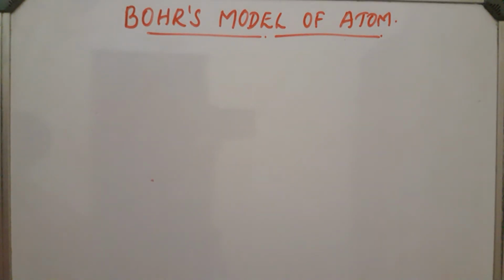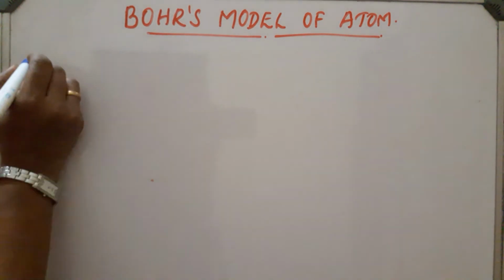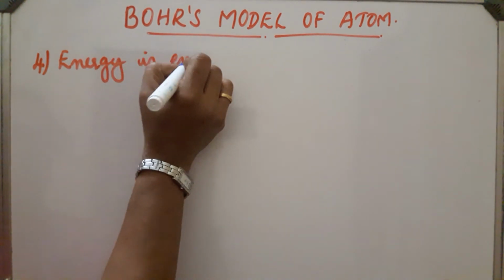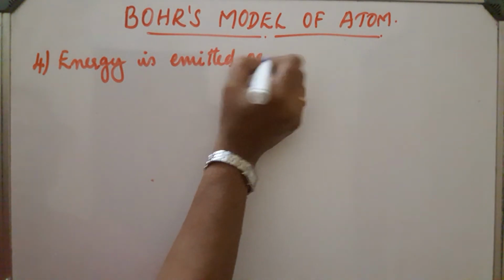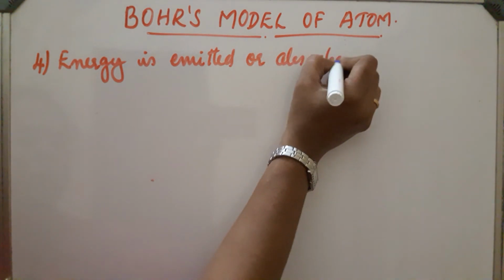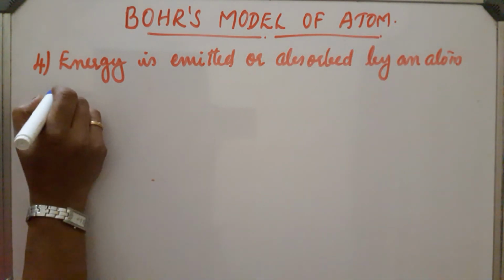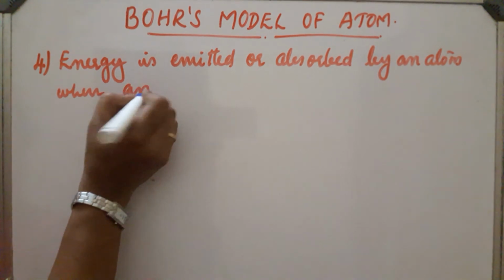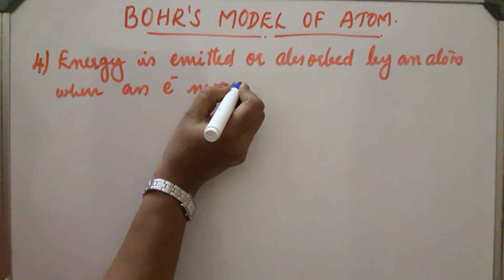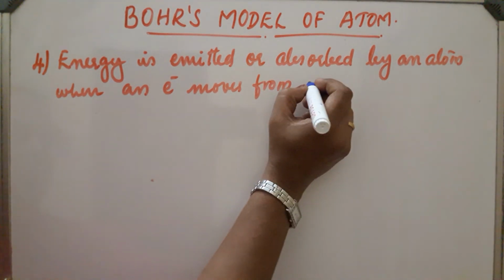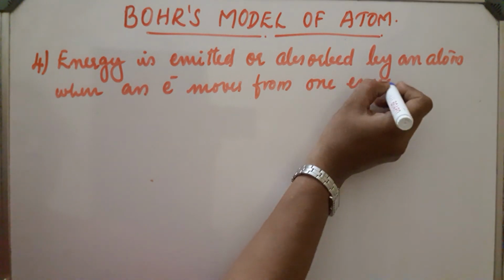Fourth point. Energy is emitted or absorbed by an atom when an electron moves between two energy states, that is, from one energy level to another energy level.